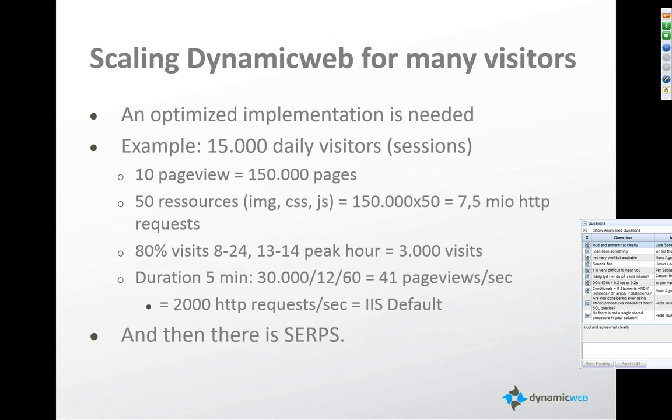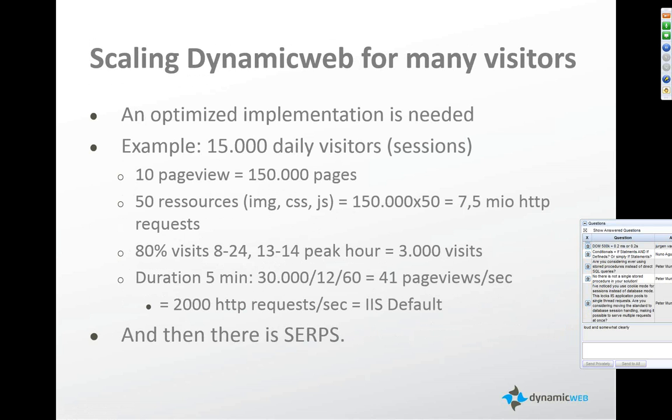It might be a little high because some of it is also cached on the browser. But if we take these 150,000 page requests and multiply by 50, we're going to get 7.5 million HTTP requests against the web server. So it has to serve all these requests. Even though they're cached by the browser, it still has to serve the request. It doesn't have to send the data, but it has to serve the request.